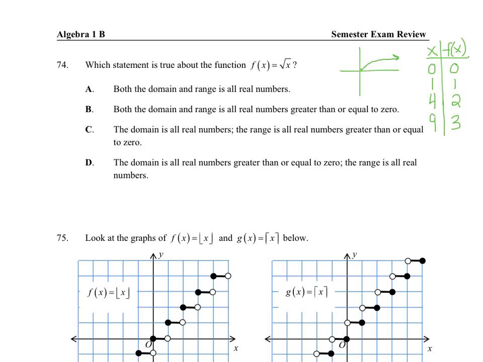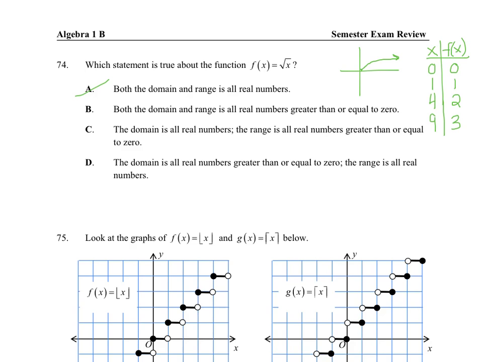So statement A, both the domain and range is all real numbers. Well, we can visually see that no negative numbers work for the value of x, and there's no way we can get a negative f of x. So this is absolutely not true.